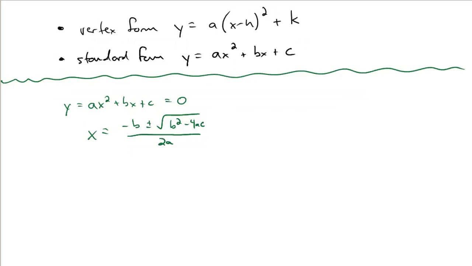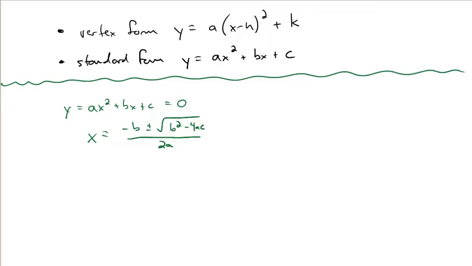Okay. We can analyze to determine if the function will have zeros by looking at this piece underneath the radical, which is called the discriminant. Okay, it helps you discriminate whether there are zeros for the quadratic.